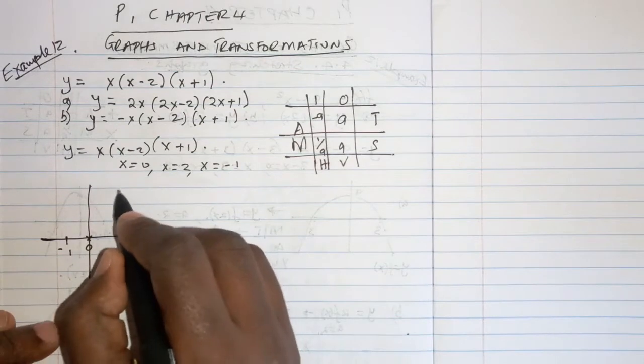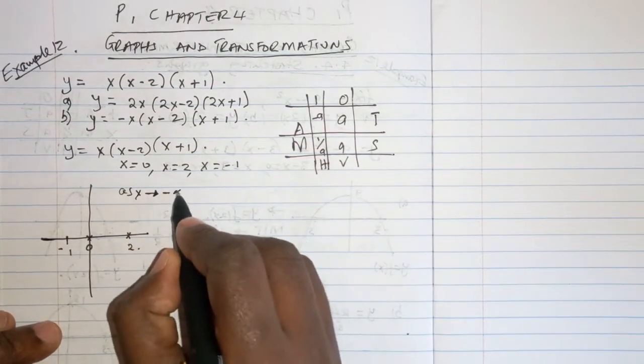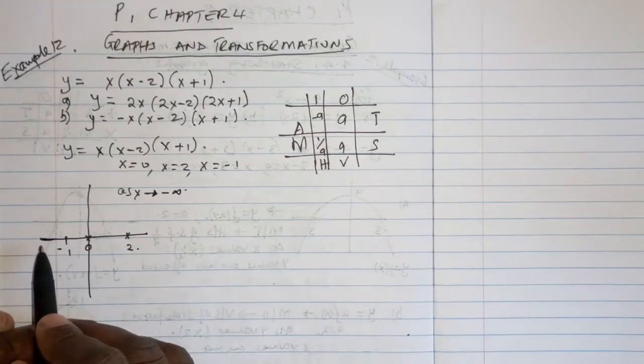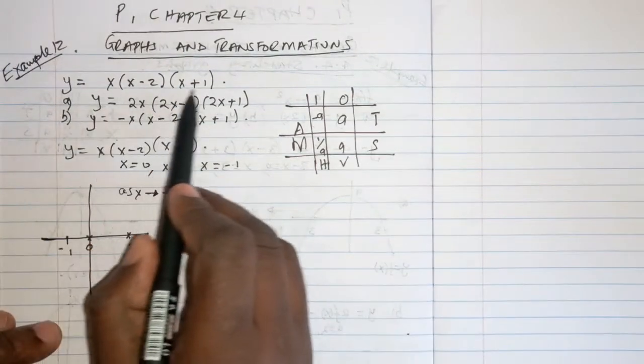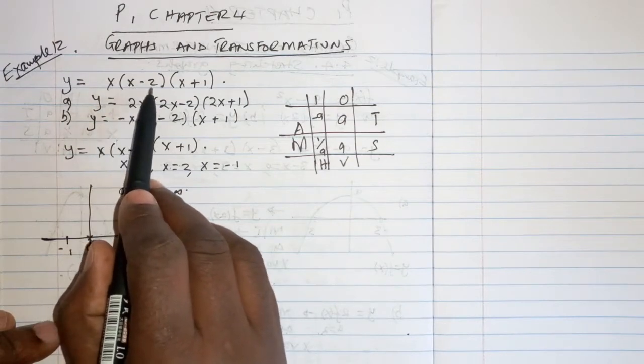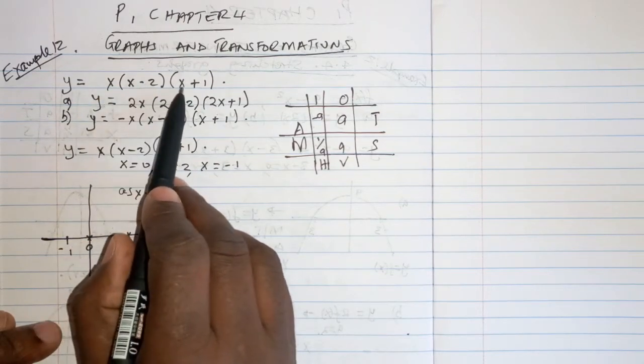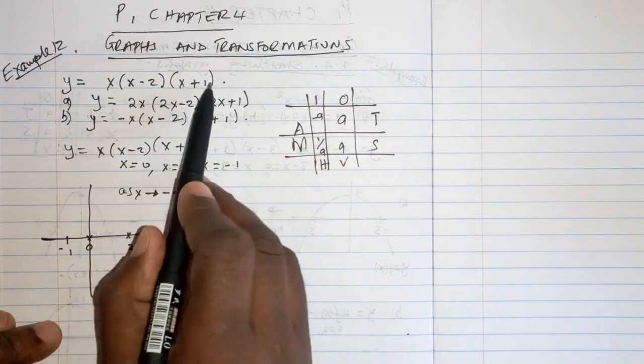As x tends to negative infinity, let's take negative 2. What do we have? x being negative 2, x minus 2 is negative 4. The product there is already positive, and x plus 1 being negative 2 plus 1 is negative 1, so the product will end up being negative.